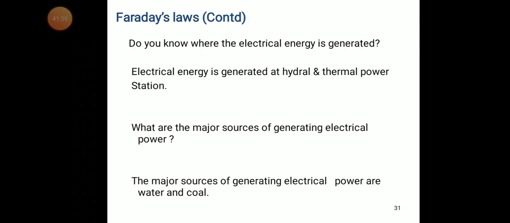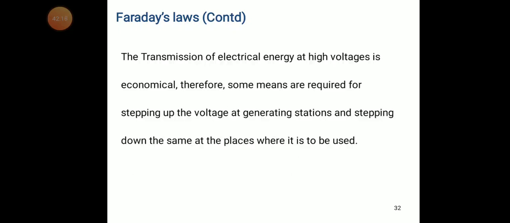So what are the major sources of generating electrical power? The major sources are water and coal. Water is used in the hydraulic power plant, and coal is used in the thermal power plant.